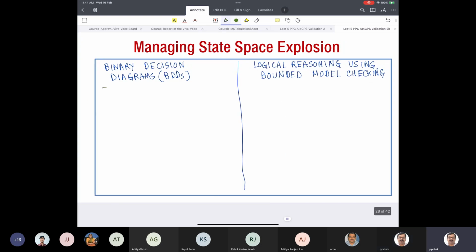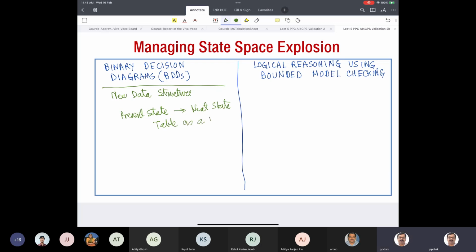One came from Randall Bryant, who developed a new data structure which implemented the present state, next state table, as a binary decision diagram data structure.